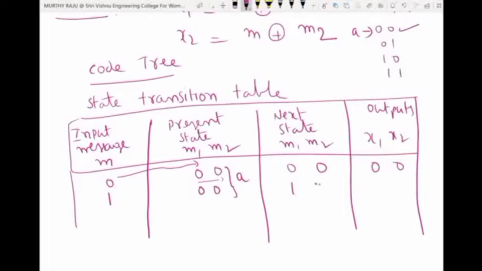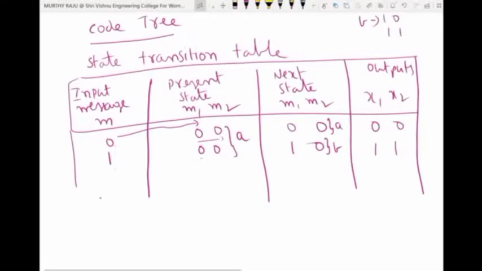That means 10, which is B. Outputs are M exclusive or M1 exclusive or M2, meaning 1 exclusive or 0 is 1, and X2 is equal to M exclusive or M2, that means 1, 1. This is the state transition completed.